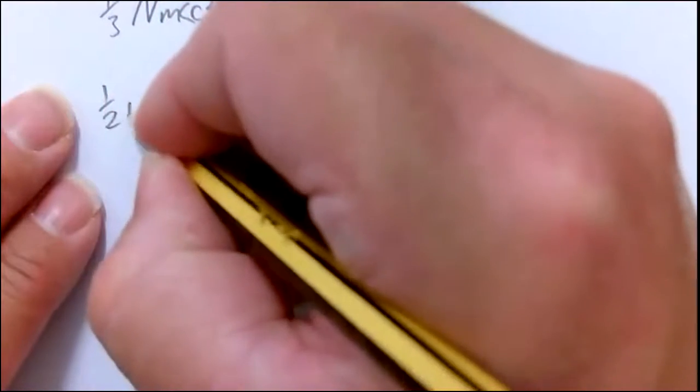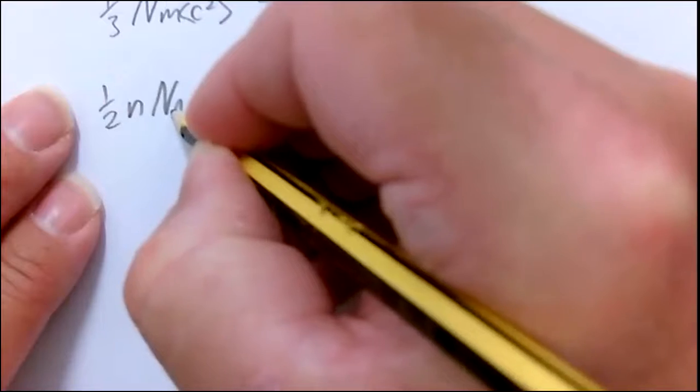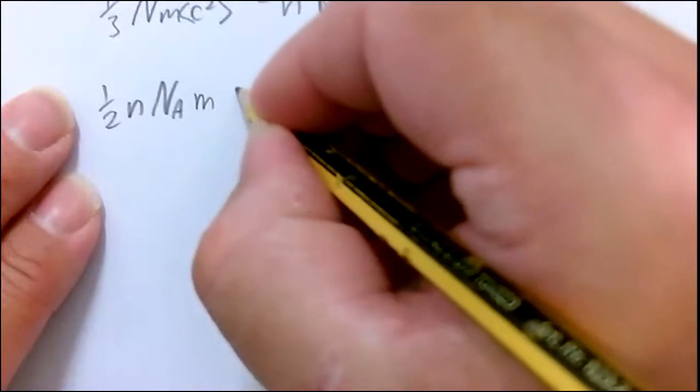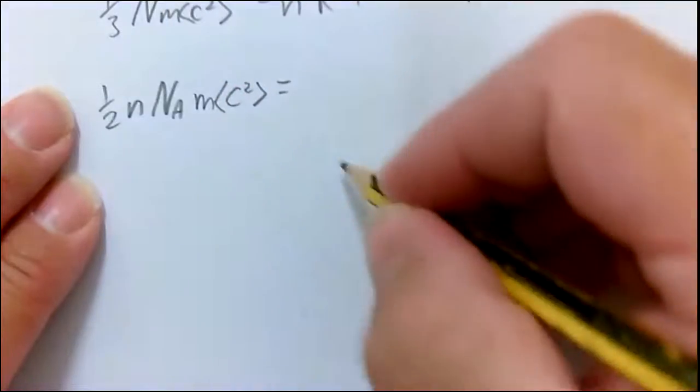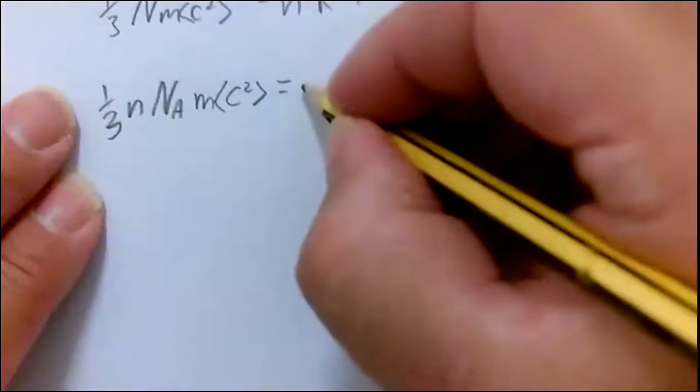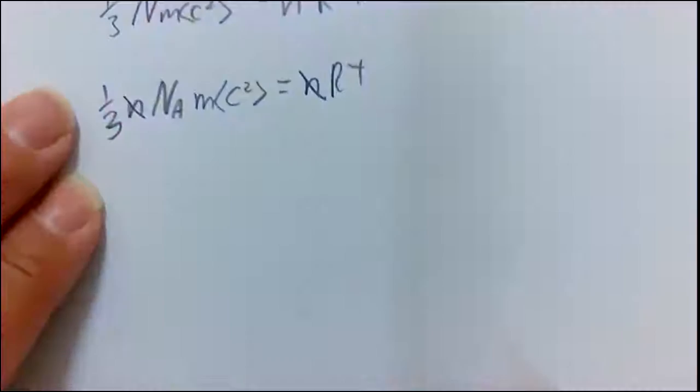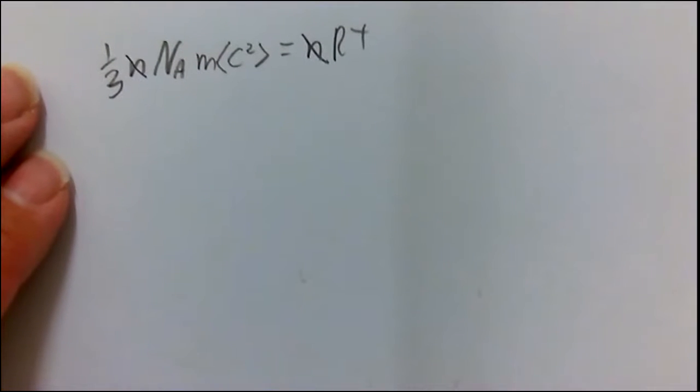So if that's the case, I can then substitute that in. That's 1/3 times number of moles times Avogadro's constant times the mass of each particle times the mean square speed, third, not half, equal to nRT. The number of moles cancel, okay? So the amount of gas has no effect on the temperature.